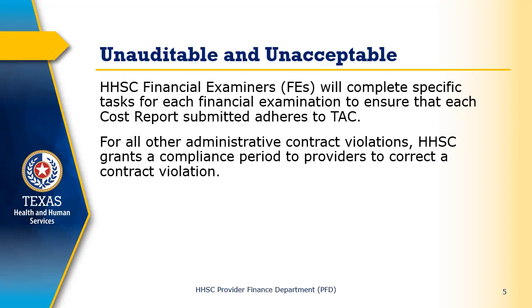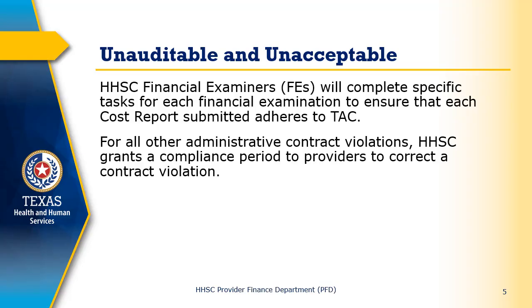Procedural guidelines for addressing administrative contract violations, including avenues for informal reconsideration and appeal, are outlined in Section 355.111 of the title. Additionally, HHSC provides a compliance period for all other types of administrative contract violations to ensure providers have the opportunity to rectify issues.